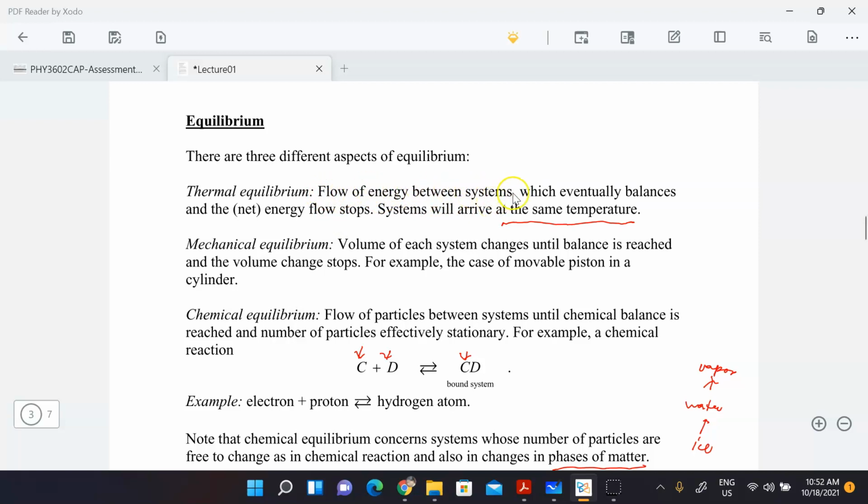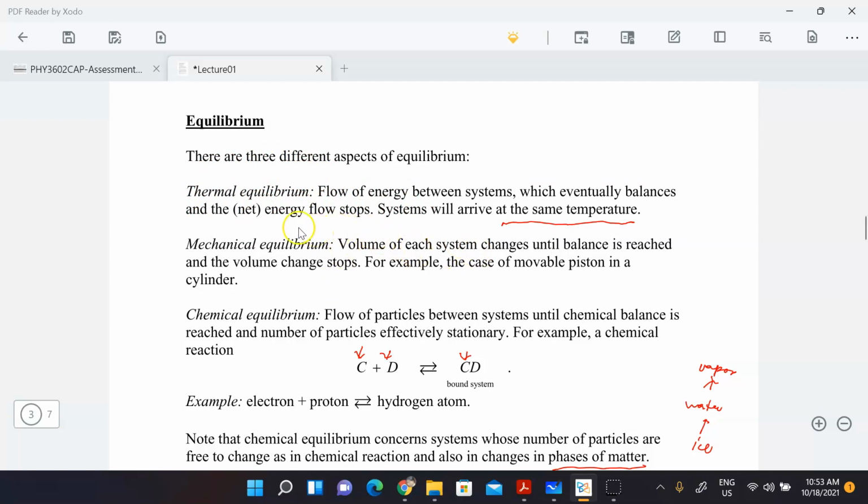Finally, this flow of energy balances out between the systems, the net energy flow stops, and the systems will be at the same temperature. That's what you often think about as equilibrium, but it's really only one particular type called thermal equilibrium.